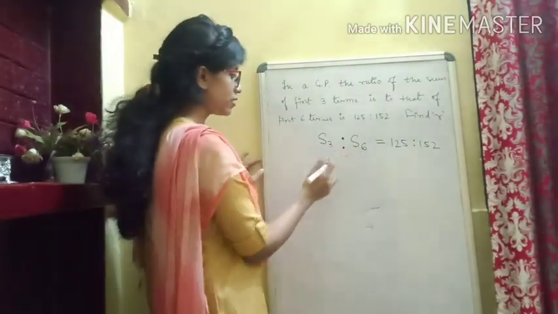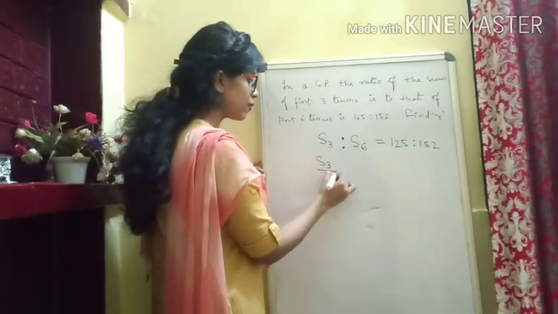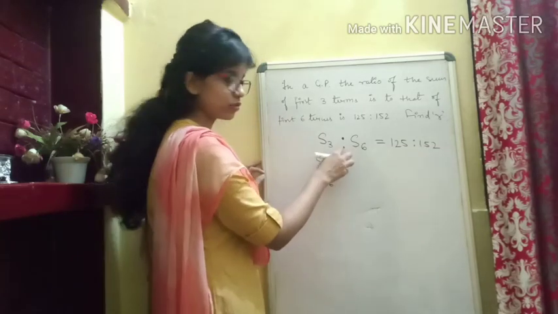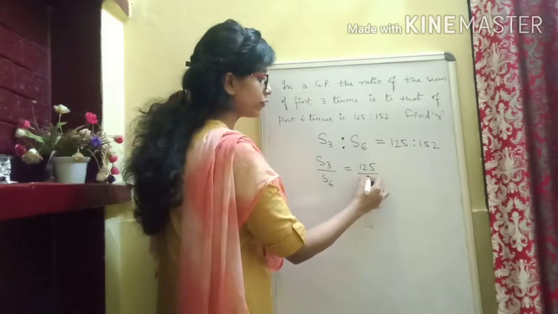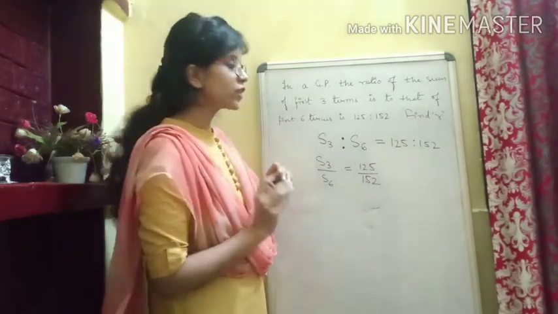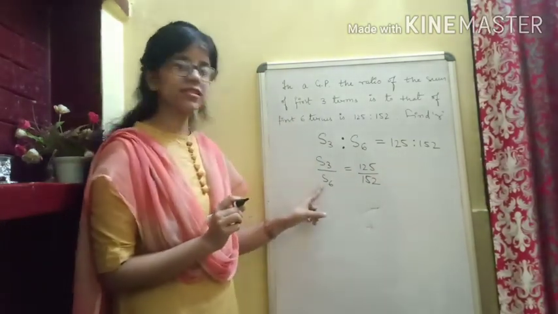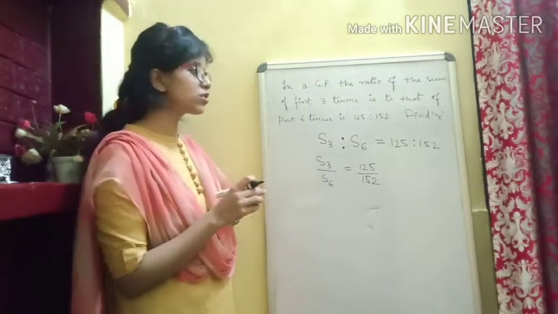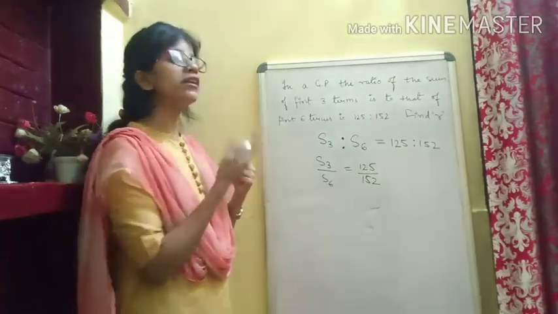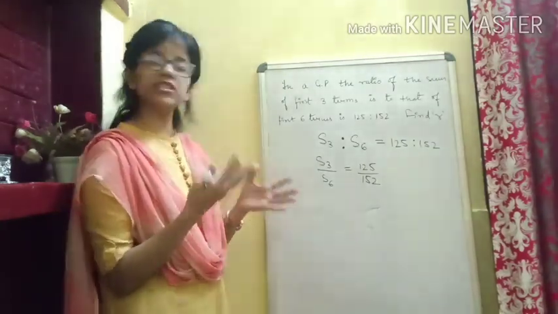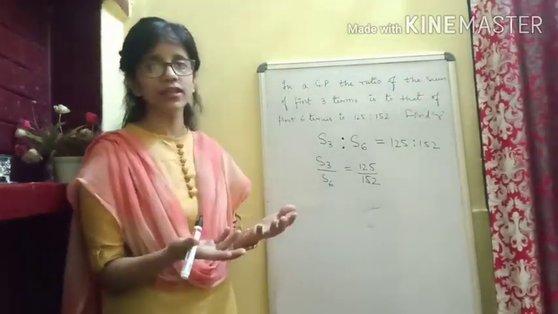So if I write this information as S3 upon S6, and then 125 upon 152. Is it okay? Now, since it is S3 and S6, we know the formula for sum. We have 2 formulas, when r is less than 1 and when r is greater than 1. No problem, whichever you want to apply, you will eventually get the value.